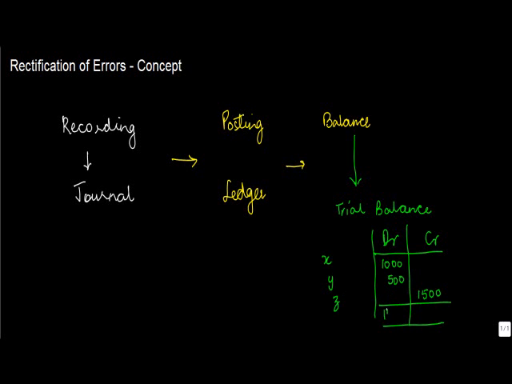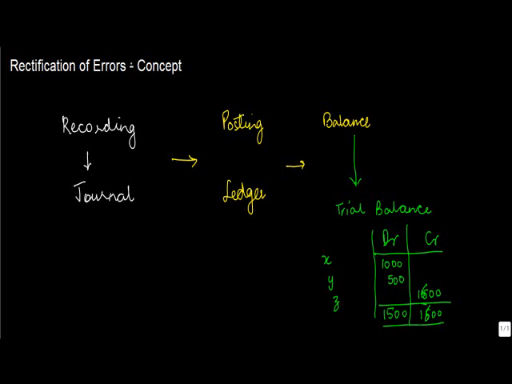The end result is that the total of the debit side should match the total of the credit side. But many times this may not happen, and these two totals may differ. So instead of being 1400 and 1500, it could very well be that this total is 1600.